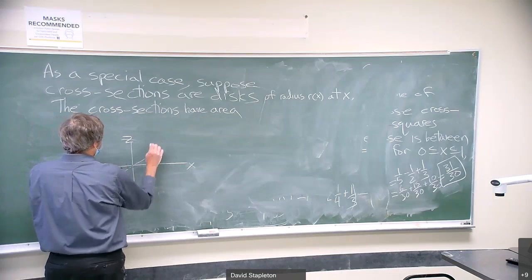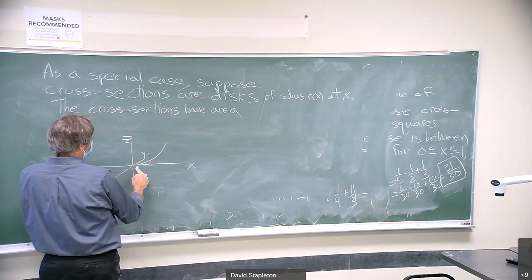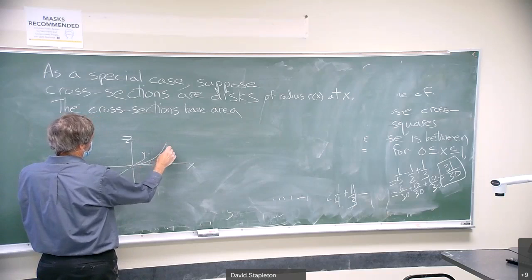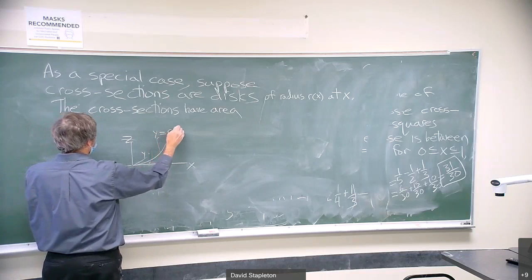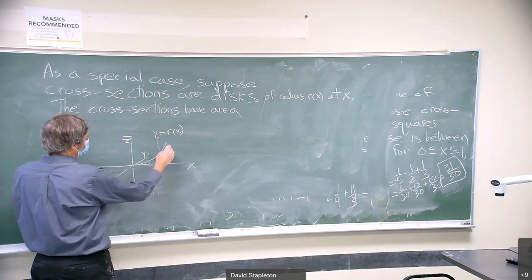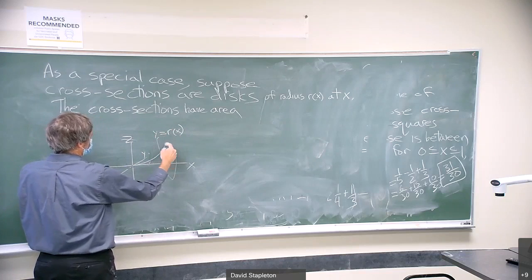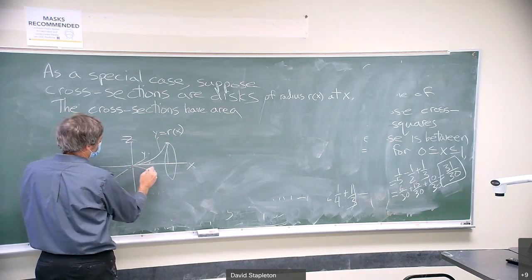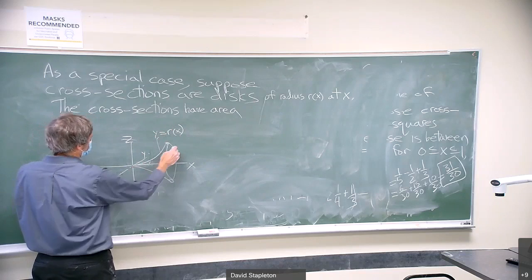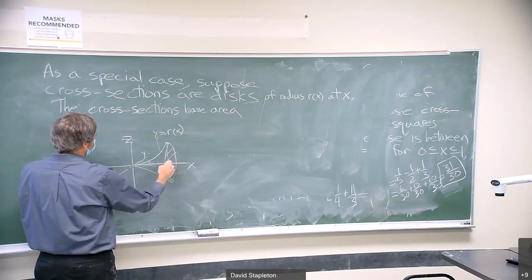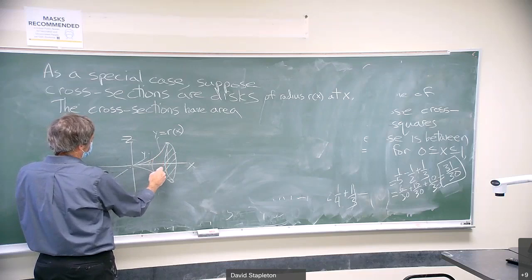So the idea is that if you have this kind of a thing, maybe a horn, you have below this function y equals r of x, a function of x, you revolve each point on the curve around the x-axis and get a circle, and you take the interior of this thing, so you've got a solid generated by cross sections.